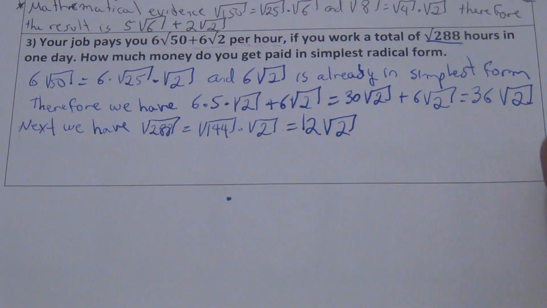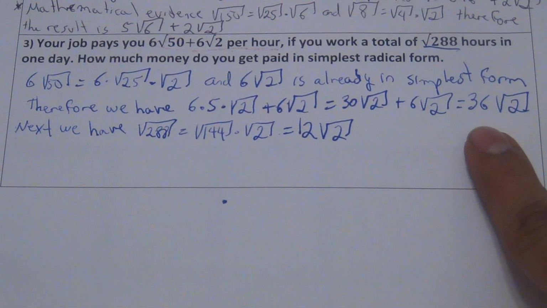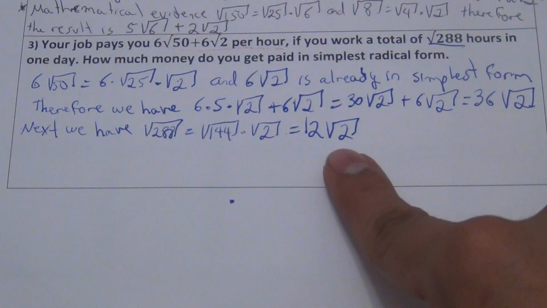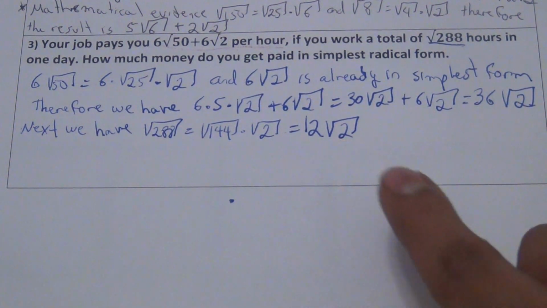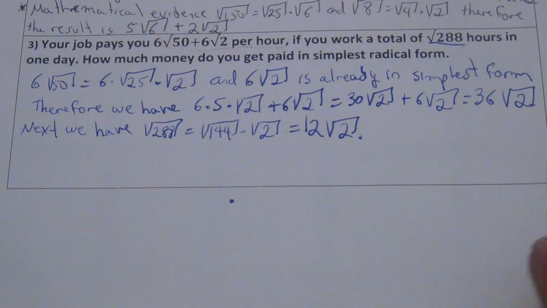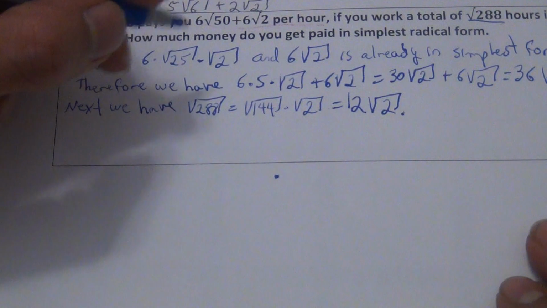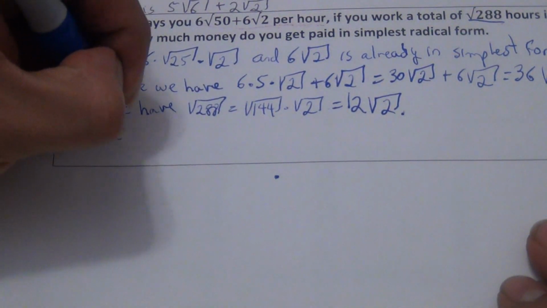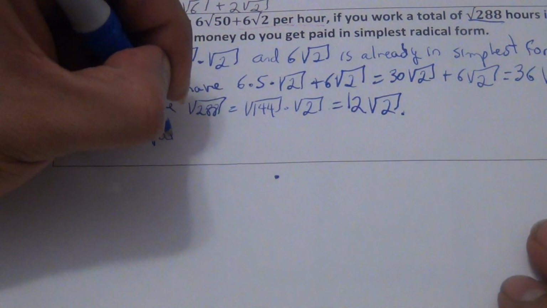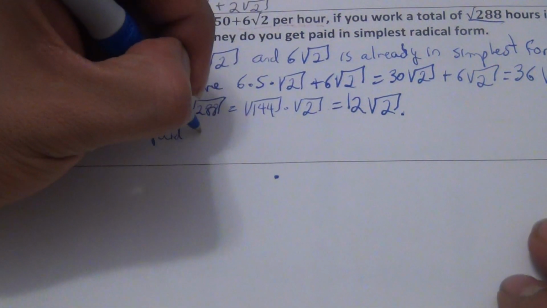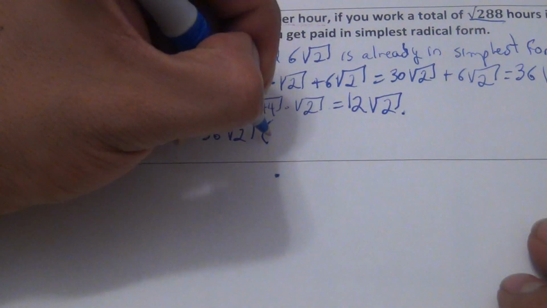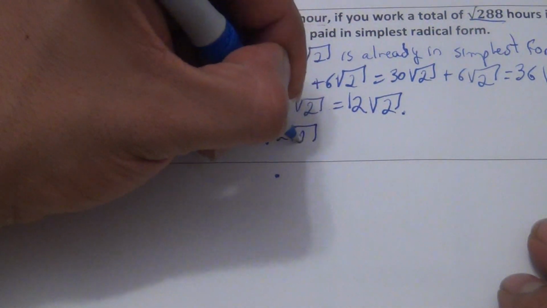Okay, so you get paid 36 radical 2 and you work for 12 radical 2. So how much money do you get paid? Well, I get paid 36 radical 2 times 12 radical 2.